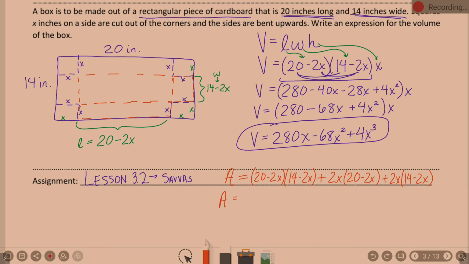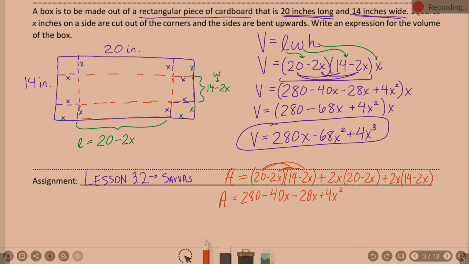First 2 pieces we're going to have to FOIL. Technically, didn't we already FOIL these once? Yeah. Oops. 20 times 14, 280. 20 times minus 2x, minus 40x. Minus 2x times 14, minus 28x. Minus 2x times minus 2x, plus 4x squared.